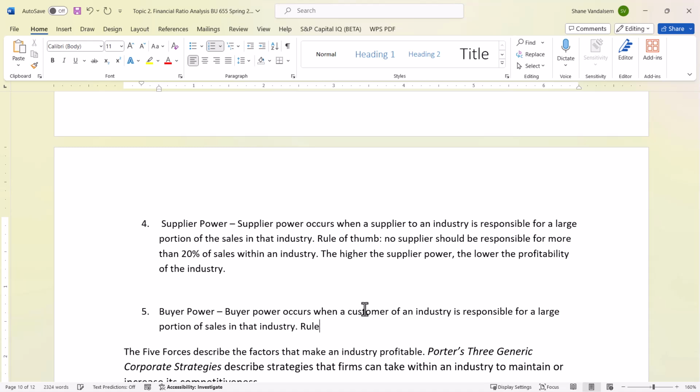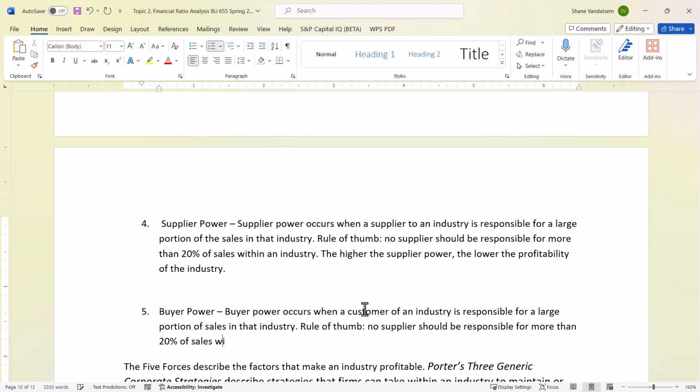Again, a rule of thumb here: no supplier should be responsible for more than 20% of sales within an industry. The higher the buyer power, the lower the profitability of the industry.